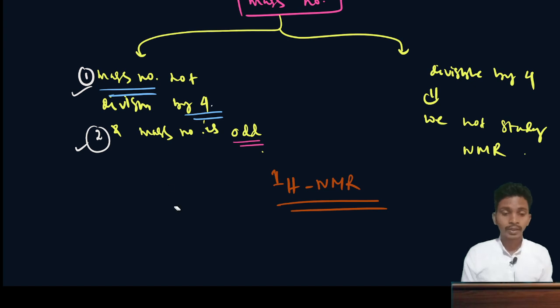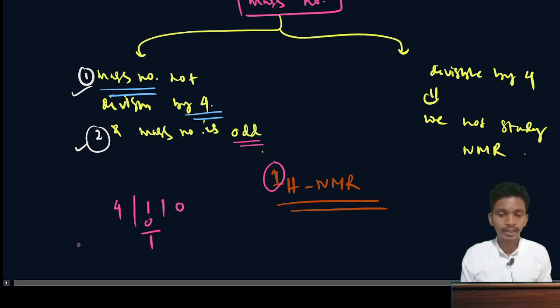For 1H NMR, the mass number is 1. First divide by 4: if I divide 1 by 4, I get remainder 1, so the remainder is not 0 and it is not divisible by 4. And the mass number 1 is also an odd number, so we get sharp signals.